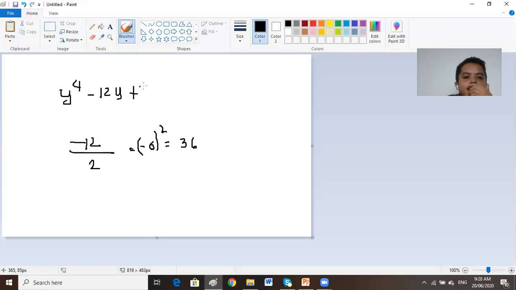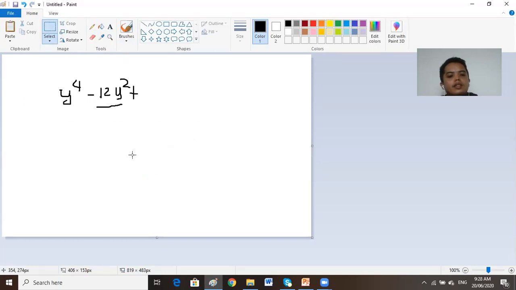So plus. Wait for a while, correction. So negative 12y squared, the whole quantity, divided by 2, that is negative 6y squared.